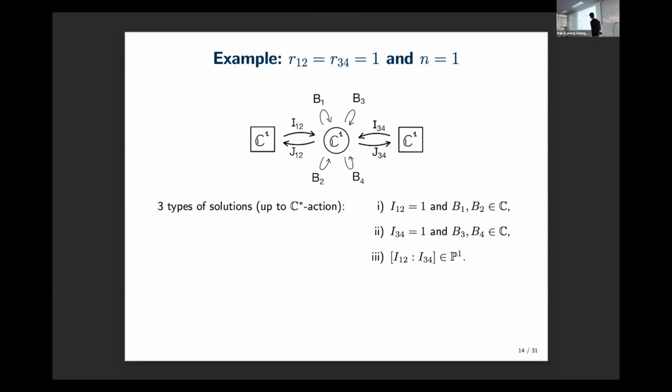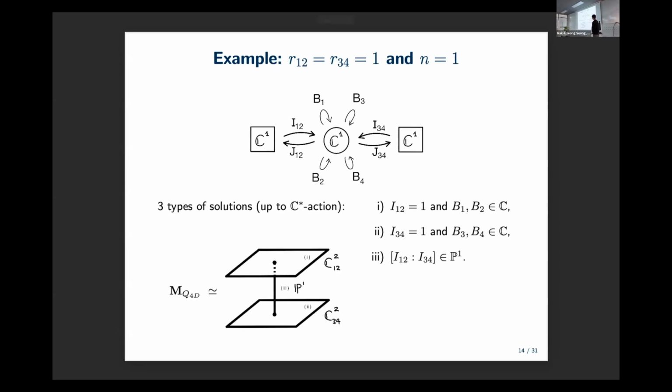But there is a new one coming in. If you set all the B_i to be 0, and consider the ratio between these I maps, I12 and I34, that's invariant under conjugation by C^*, because that scales both I12 and I34. So their ratio remains invariant under such an action. So that becomes another type of solution, up to this C star action in the middle.